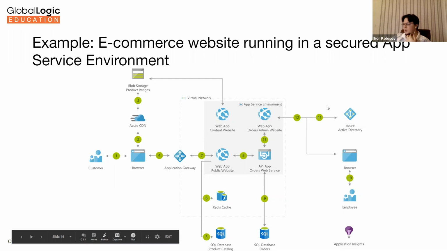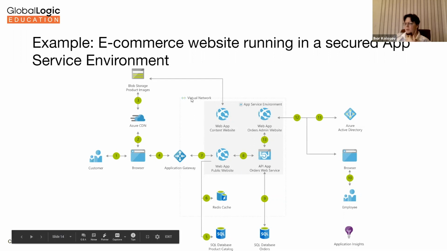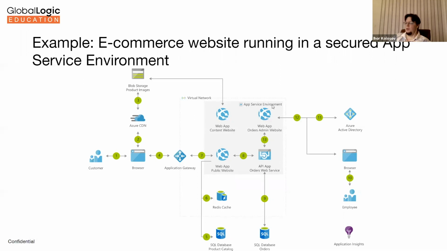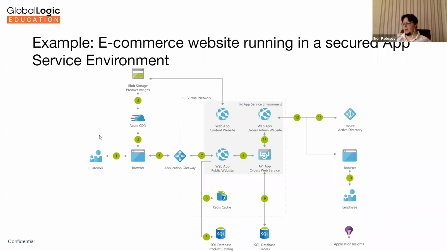So this flow will be probably somehow secured, and this group probably will be also secured somehow, because we have virtual network grouping here, probably with own network security settings. So as you can see, we already have lots of useful inputs just observing this diagram. And it is a good idea to follow critical path here.